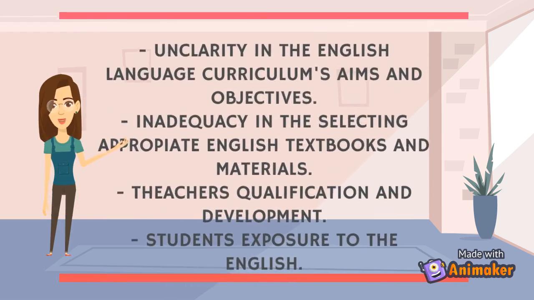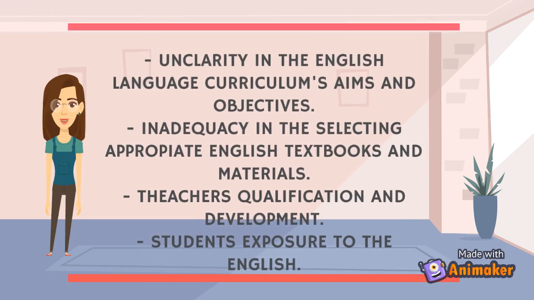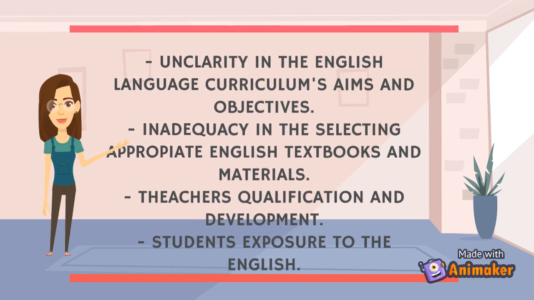There are a lot of other factors which can also be responsible for the low level of English: unclear aims and objectives in the English language curriculum, inadequacy in the selected English materials, teachers' qualification and development, and students' exposure to the English language.